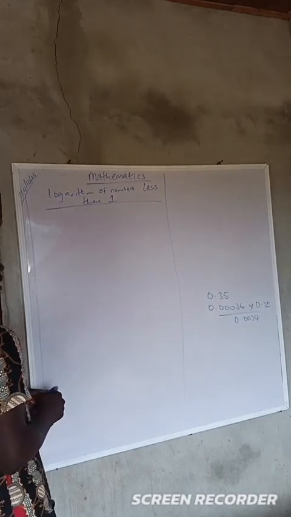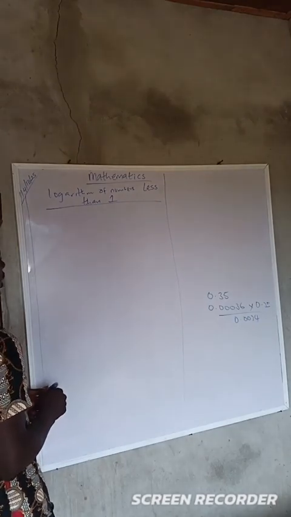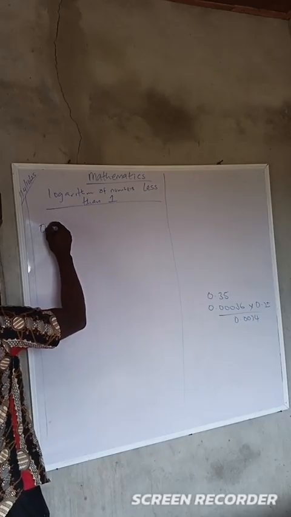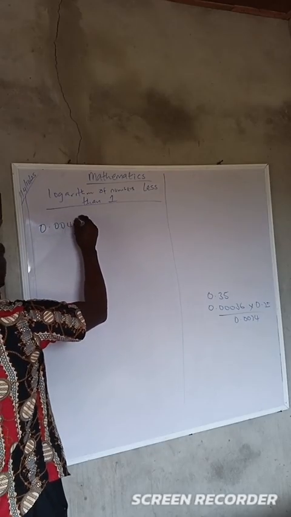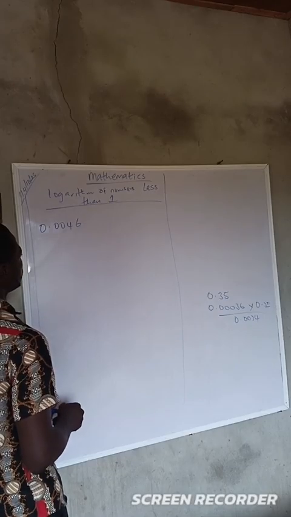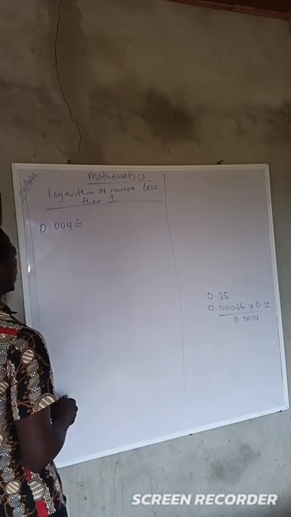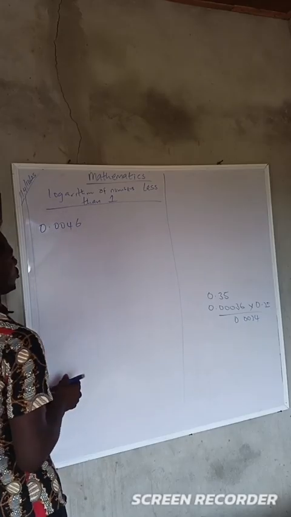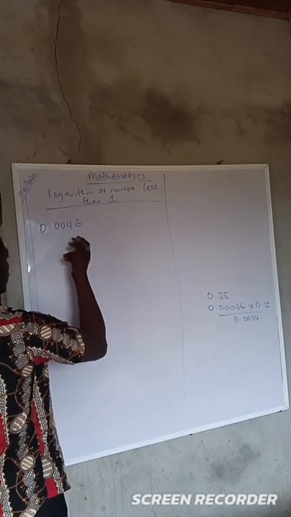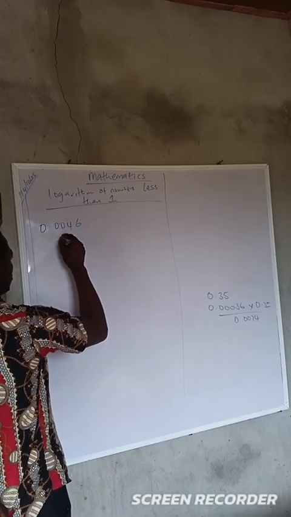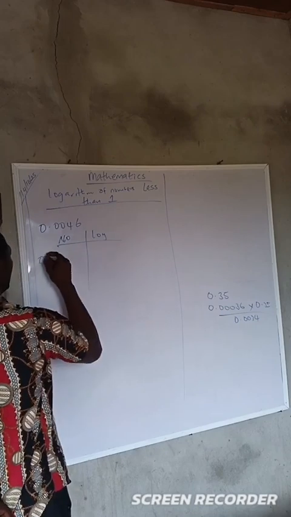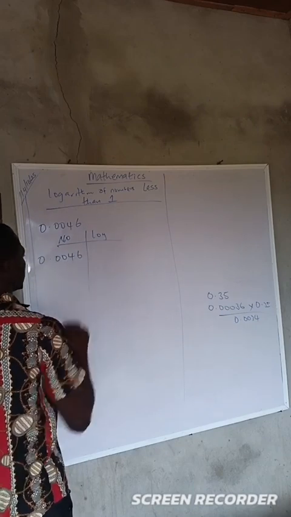So let's take for instance, maybe we have 0.0046. If you are to check the logarithm of this number, log 0.0046.